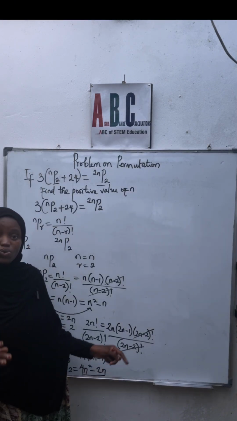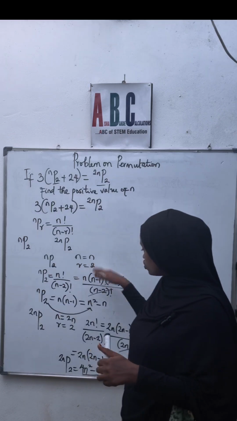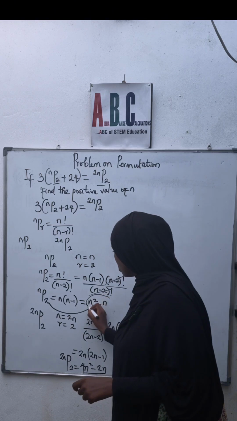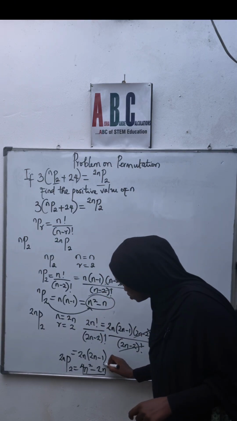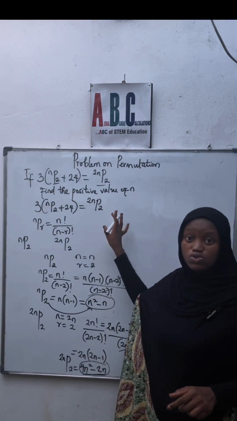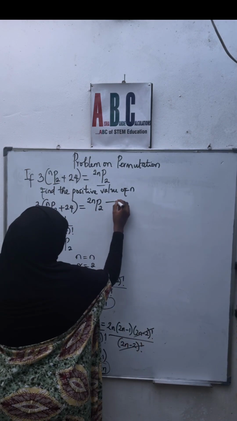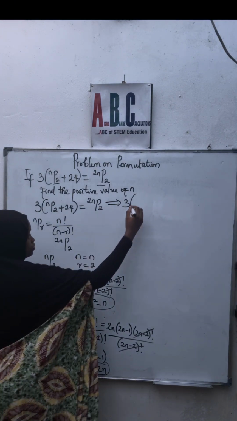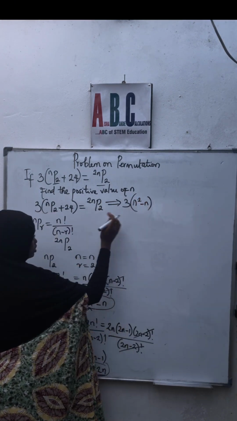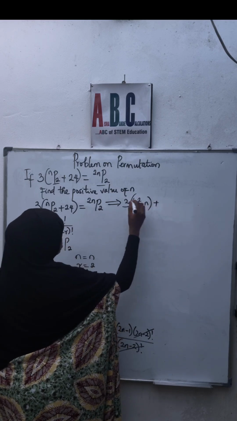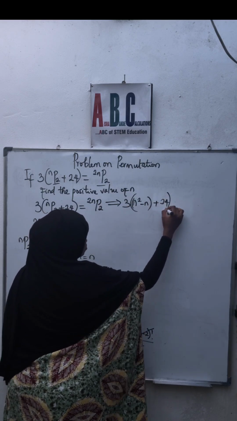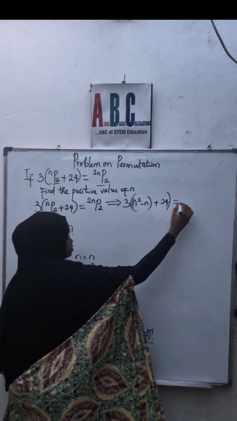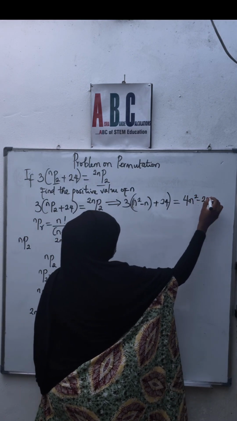At this point, what we need to do now is to substitute the values we have here: n squared minus n, and also 4n squared minus 2n, into the expression. So now this becomes 3(n squared minus n plus 24) equal to 4n squared minus 2n.